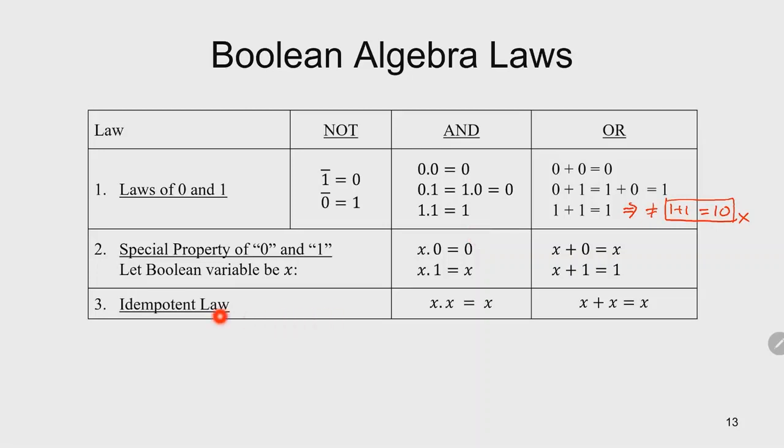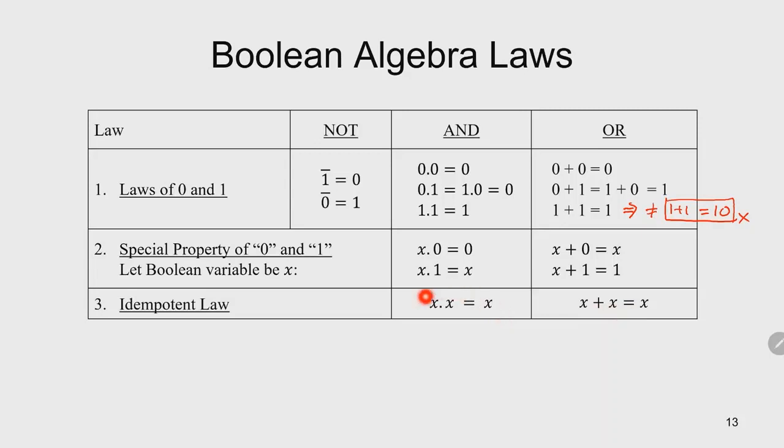The third law is called the idempotence law. So x AND with x is going to give us x, and x OR x is going to give us x as well.